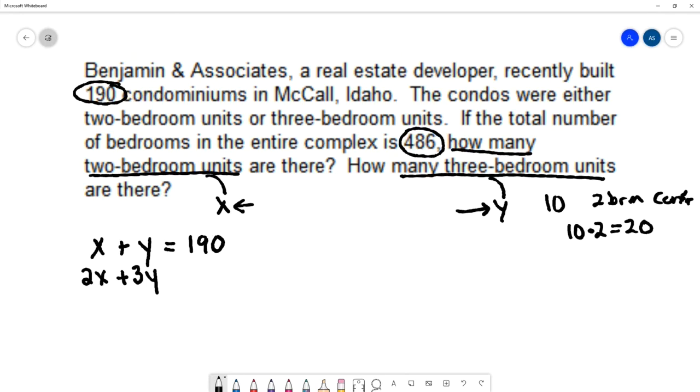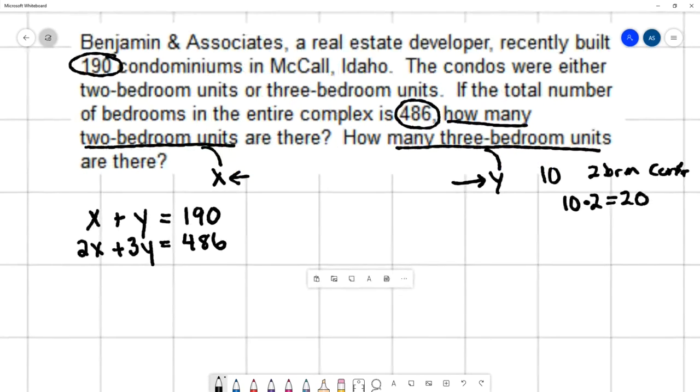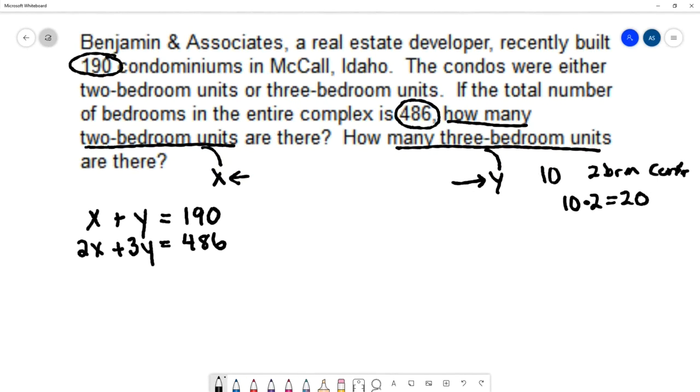That means we have that many bedrooms, and that should add up to a total number of 486 bedrooms in the complex. So we now have 2 equations with 2 unknowns, and we can solve this with either substitution or elimination. I'm going to try substitution on this example.